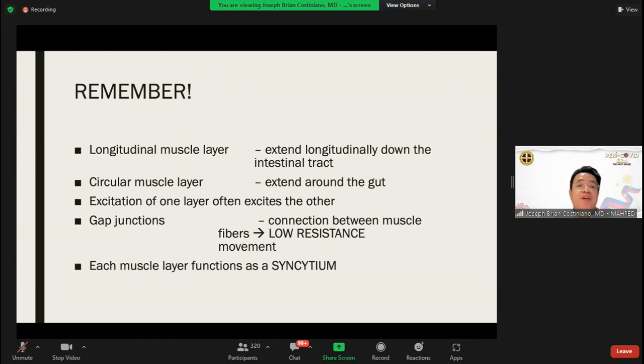Remember that your longitudinal muscle layer will extend longitudinally down the intestinal tract, and your circular muscle layer extends around the gut. Therefore, excitation of one layer will often excite the other because of your low resistance gap junctions. So it will act as a syncytium wherein if one layer is excited, the rest will then be excited as well.